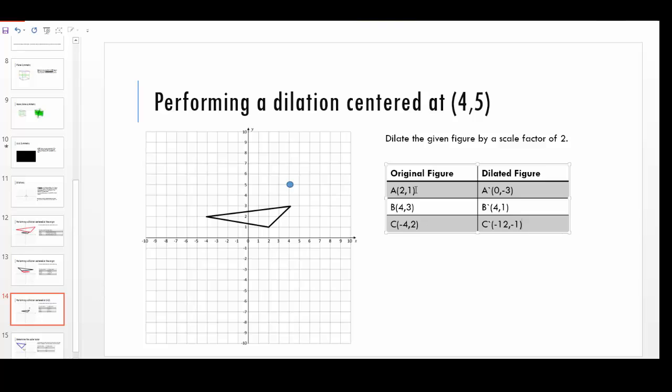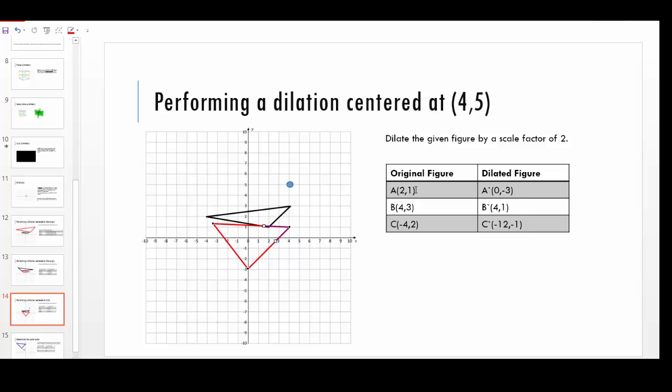So now we're going to duplicate this and watch how large this thing gets. So now A's new coordinate is 0, -3. So we're going to go down to 0, -3. We're going to go to 4, 1.